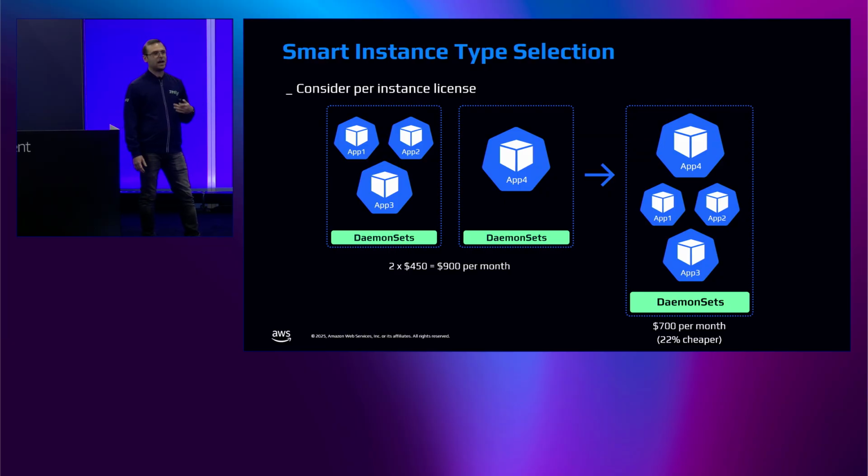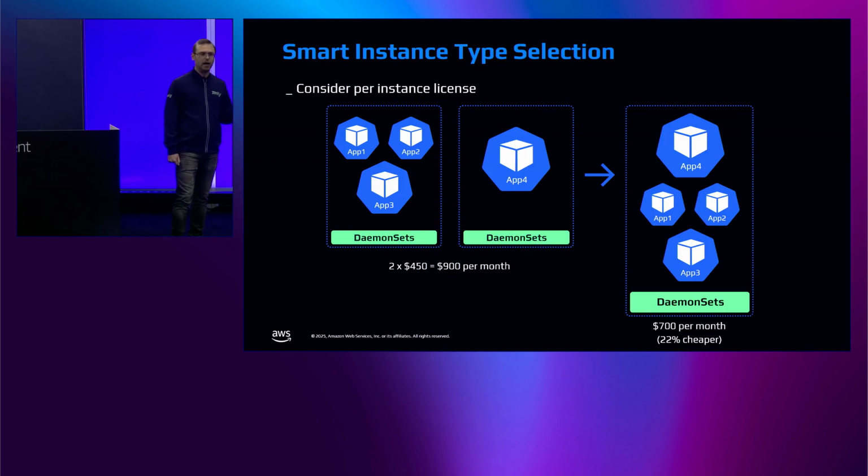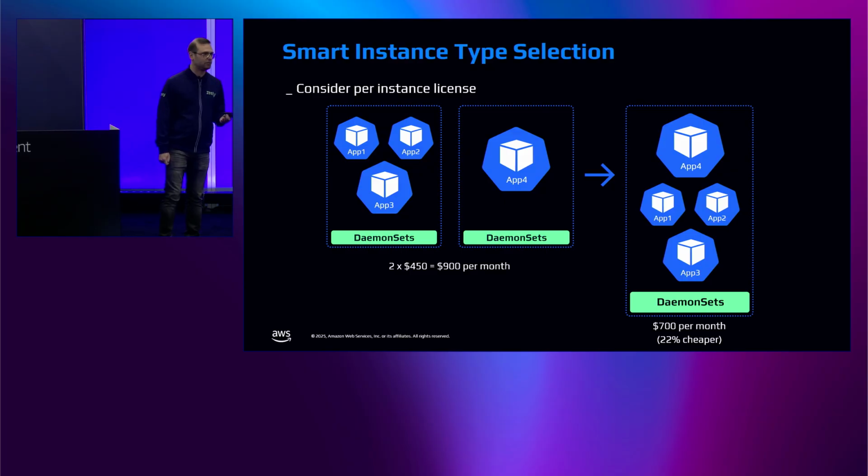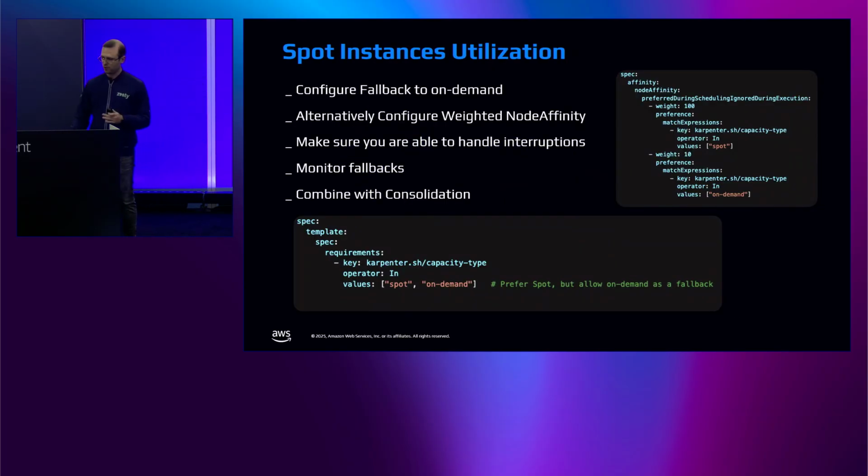On the opposite, if we have a lot of small nodes, it means we have a large overhead of daemon sets, and this is consuming resources. And especially if we're using any software that is licensed per node, this can silently inflate your costs. So take this also as a consideration.